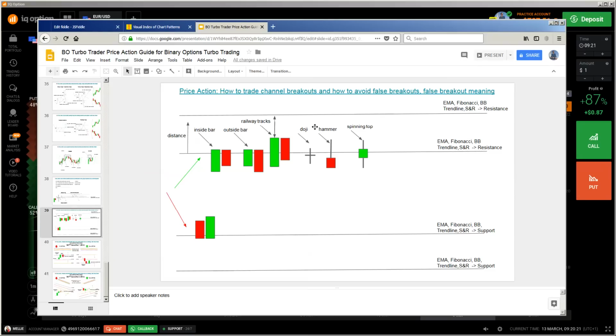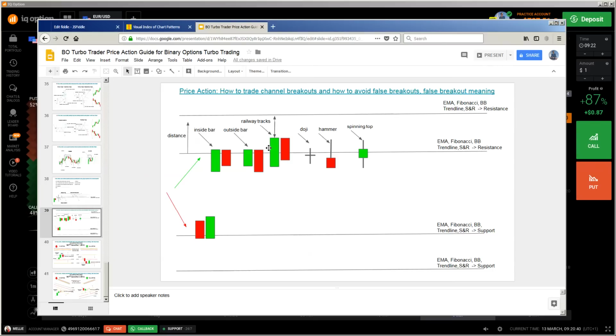Then there is a higher probability that there will be a continuation and it will go further. If it is only below the halfway, I almost think that this will be a fake breakout. That is how you have to understand this.